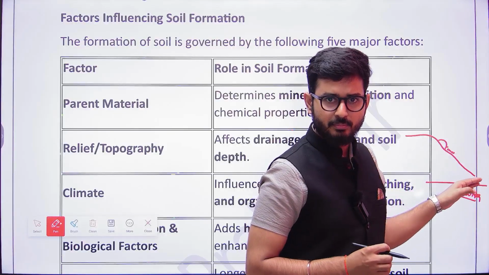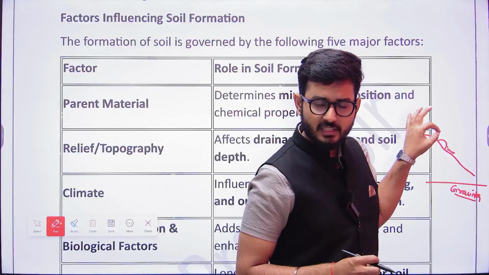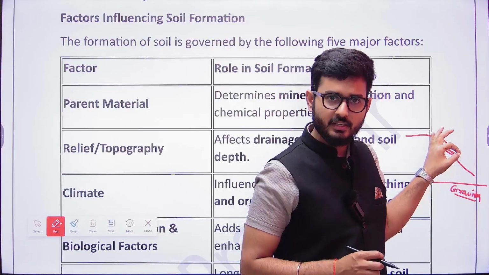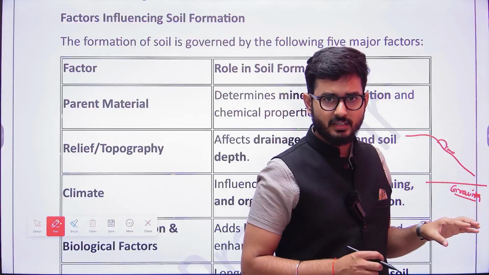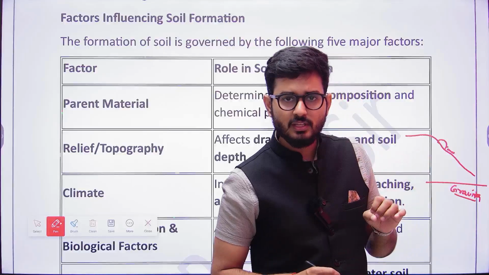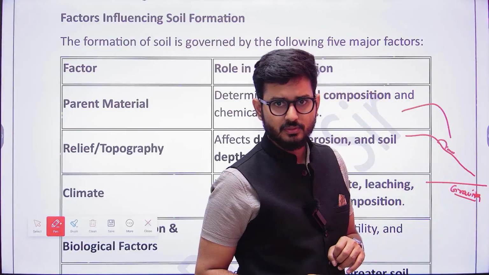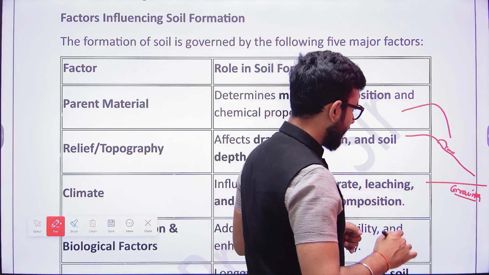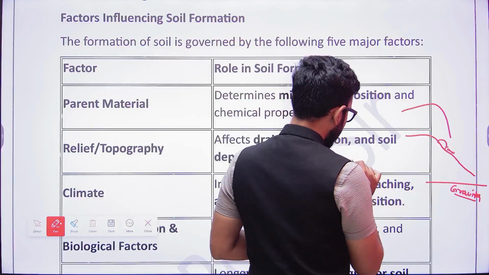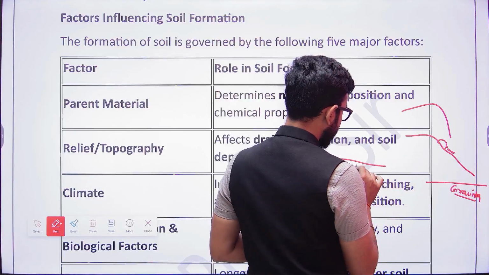And when they are pushed down, a very thin layer of soil is going to be created on the sloping areas, and a much thinner layer on the steep slopes.